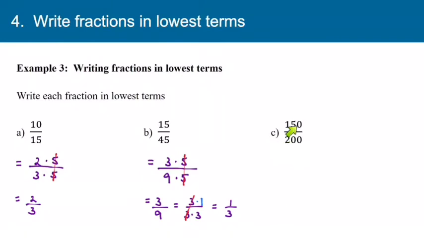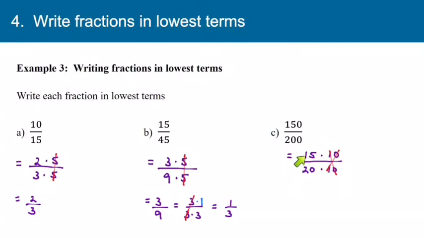150/200. Now I notice that both of these numbers end in zeros, so both of these numbers can be written with factors of 10. So I'm going to say that 150 is 15 times 10, and 200 is 20 times 10. And now notice I can cross out the 10's right off the bat. But also notice that 15 and 20 share a common factor.